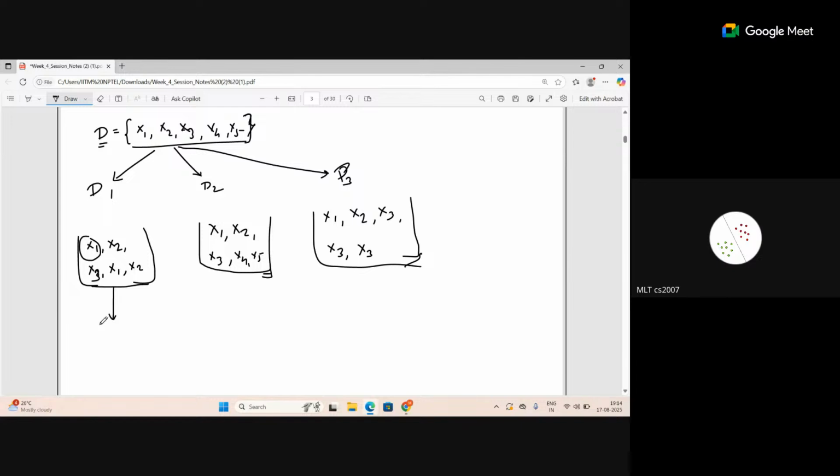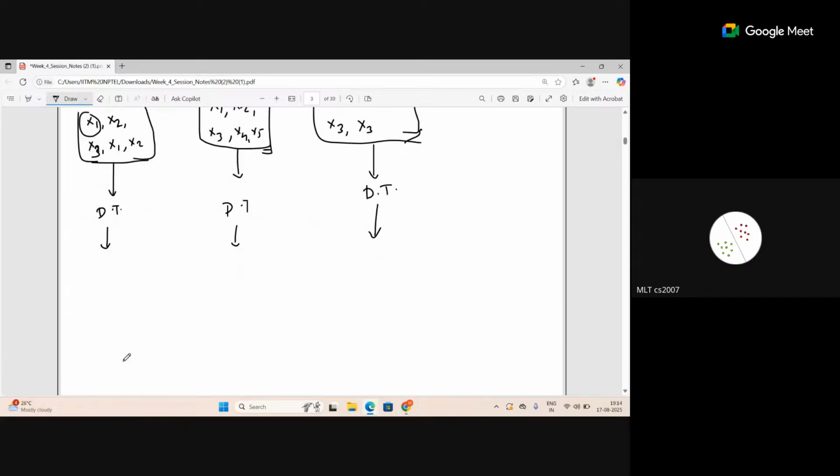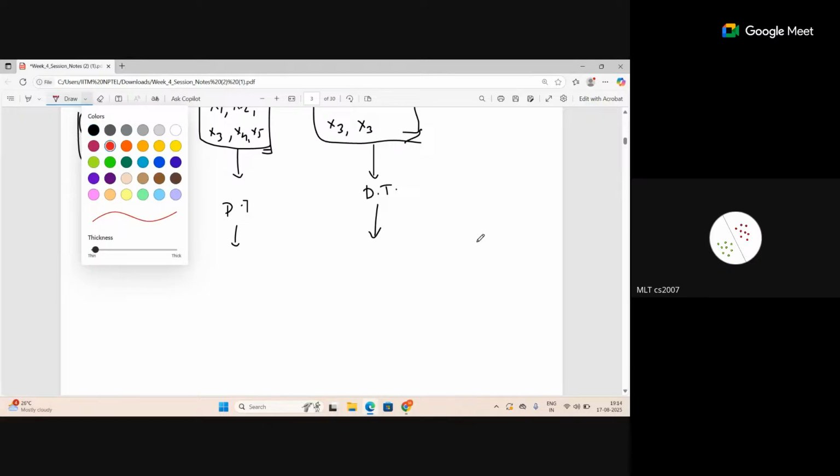Like that, you now get different data sets, and what do you do over them? You apply a decision tree, and it will learn something from each data set. Let's say I have one test point, x test.